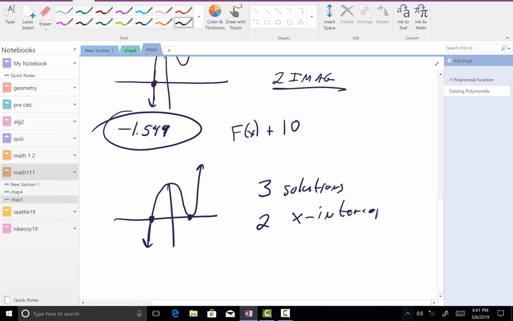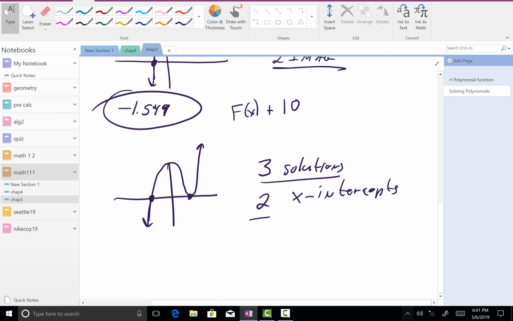So what's going on with this one that has 2 x-intercepts, but we know it has to have 3 solutions? What's going on here? That's a double root, right? Okay. 1, 2, 3. That's a double root.